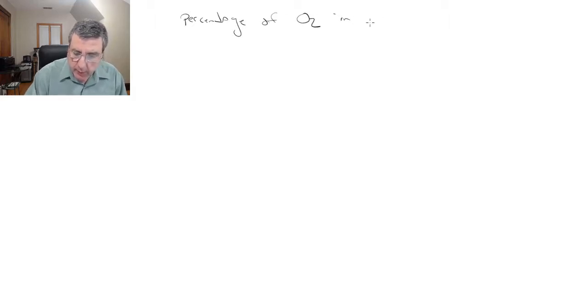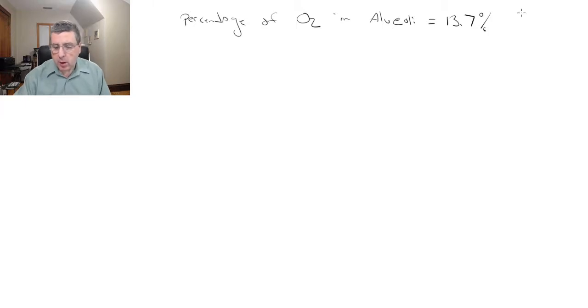Let me get a pen here. So the percentage of oxygen equals 13.7%. Okay. In parentheses, I'm going to put 20.9, so atmospheric. Okay, so you can see how there's a difference there.